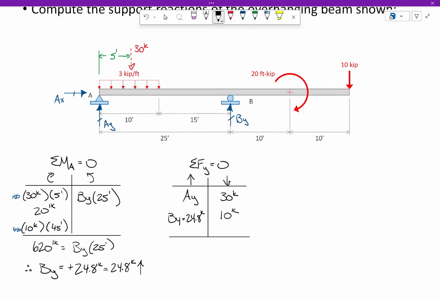So we have AY plus 24.8 kips is 30 and 10 makes 40. So AY is 40 minus this. I think I can do that in my head. Was that 15.2? Did I get that right? Yeah, good job. Thank you.